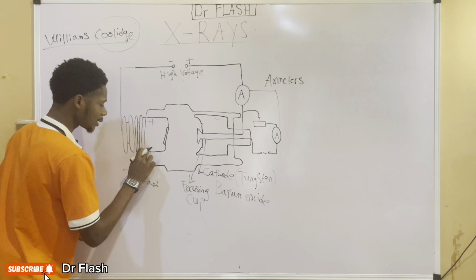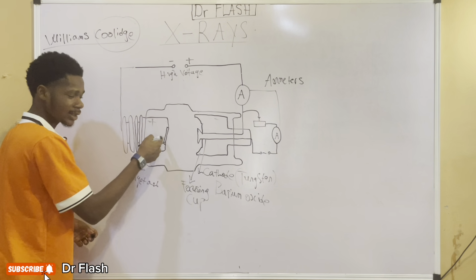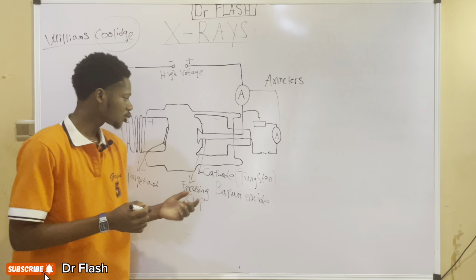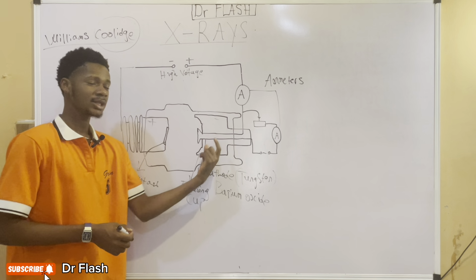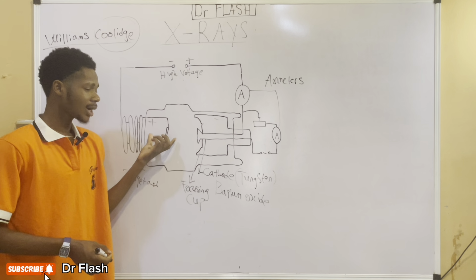This small block here that is embedded in this big one is called the target anode. So what this focusing cup does is help us focus electrons on the target anode.